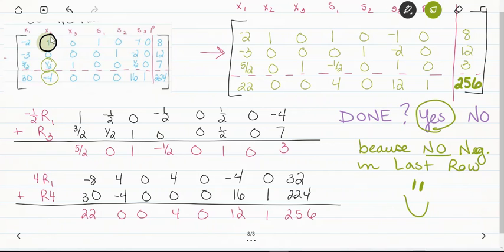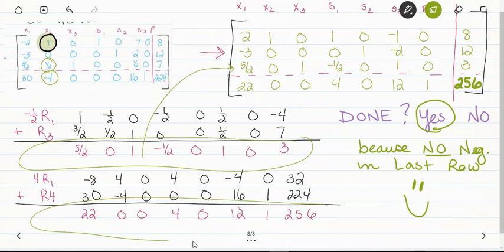And then I can do positive 4 times row 1 plus this P row, row 4, to get these new rows. And you see what I've done is I've taken these 2 rows and replaced them up here. So this is our new row 3. Here's our new P row, row 4. And I now have a new matrix.